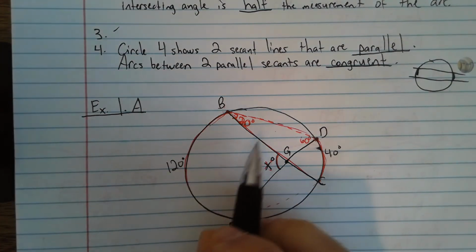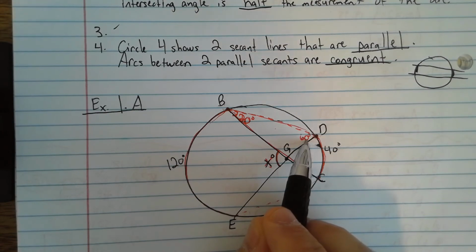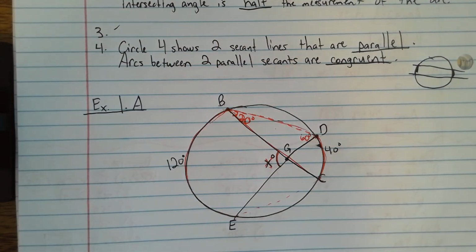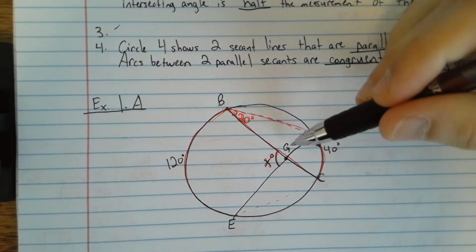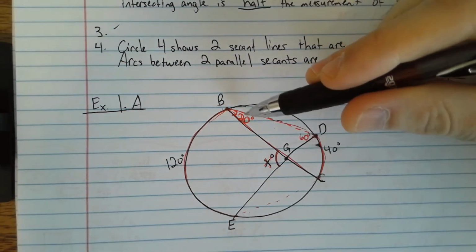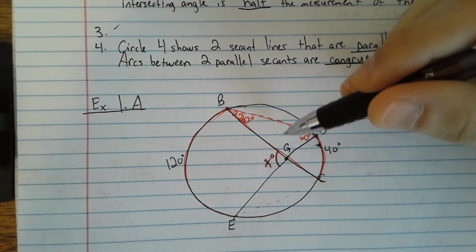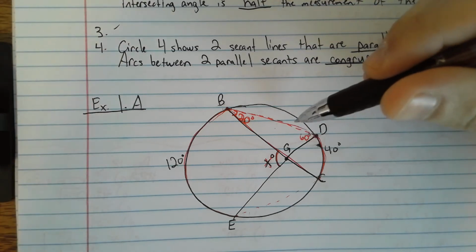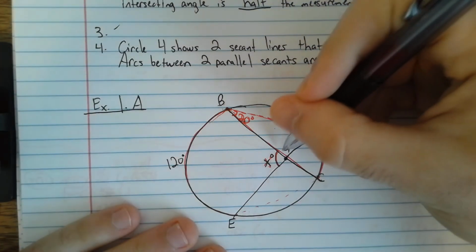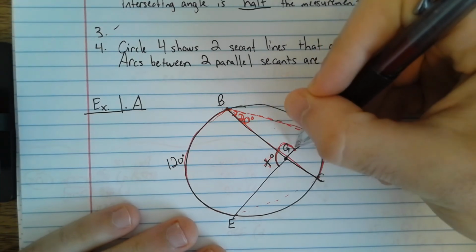Okay, that leaves us with 20 degrees for B and 60 degrees for D. If you look carefully, when we drew this imaginary line, we formed a triangle. The angles inside of a triangle add up to 180, which means we can find this little angle, G, right here.